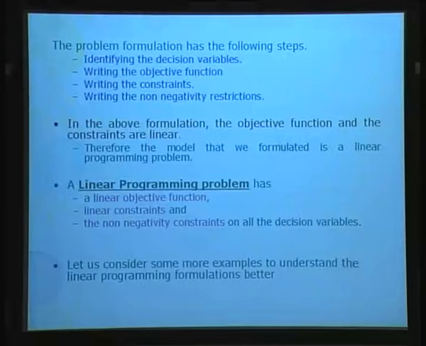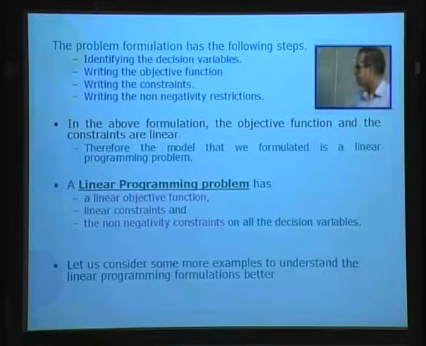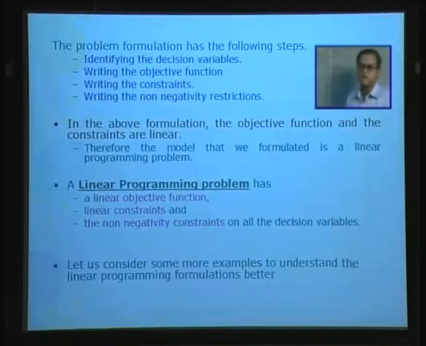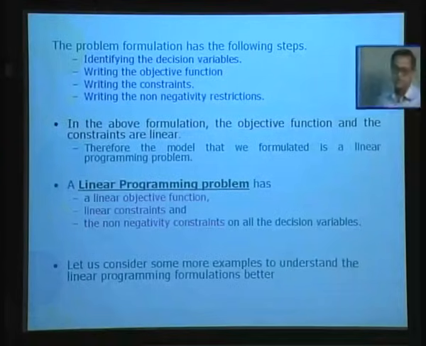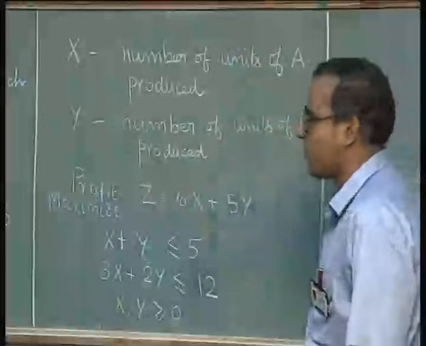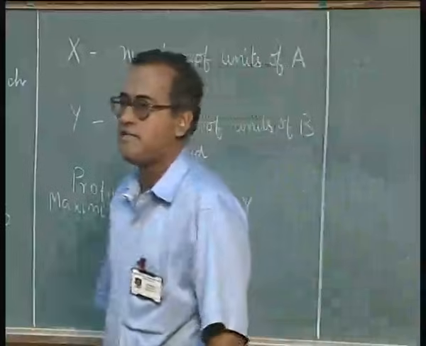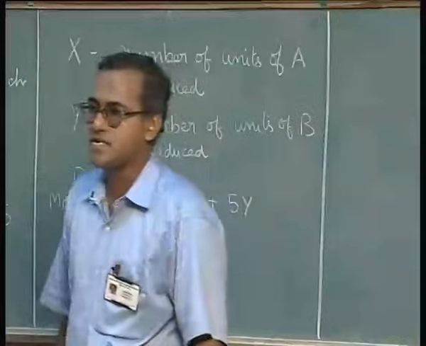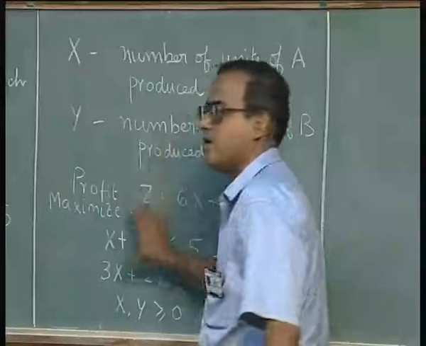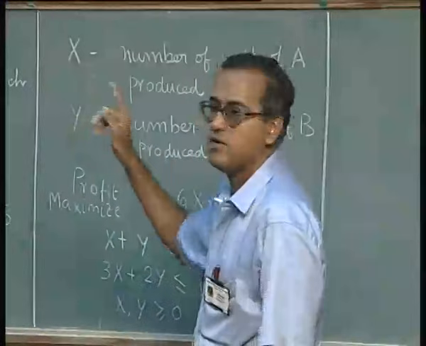Next, in this formulation we realize that the objective function is a linear function of the decision variables, and all the constraints are linear functions of the decision variables. So if you write a formulation such that the objective function is linear and the constraints are linear, then such a formulation is called a linear programming formulation.